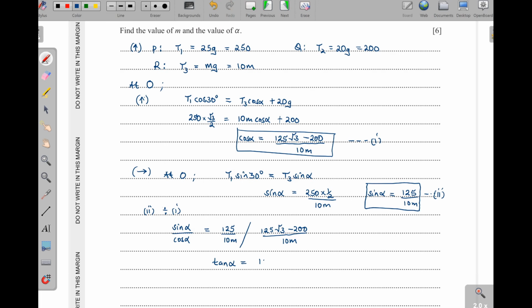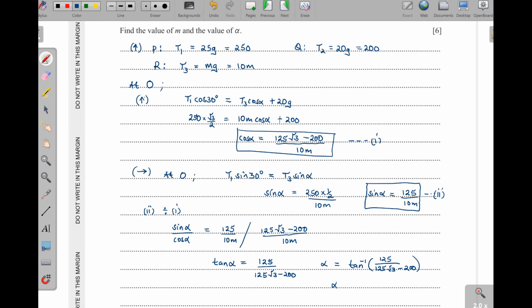So that means we shall have 125 out of 125 root of 3, then minus 200. So meaning alpha is going to be equal to the arctan of 125, then out of 125 root of 3 minus the 200.